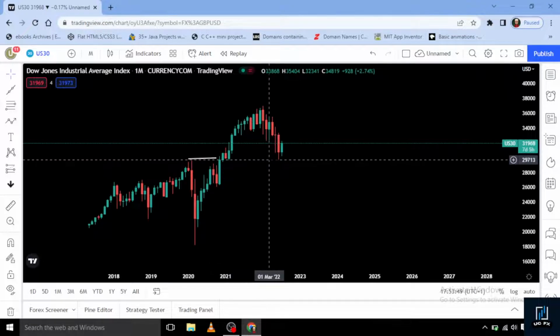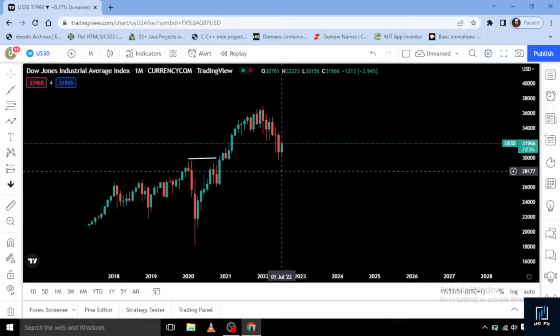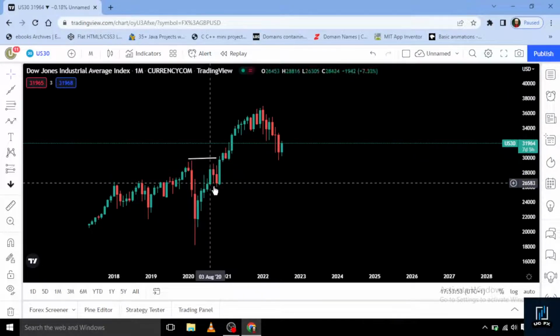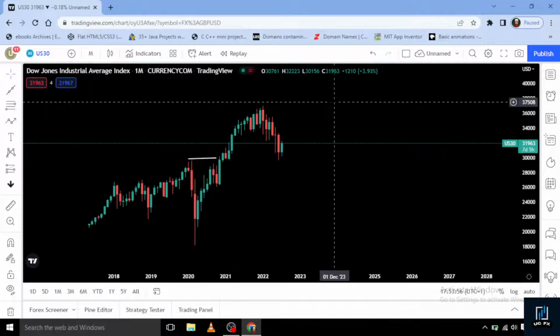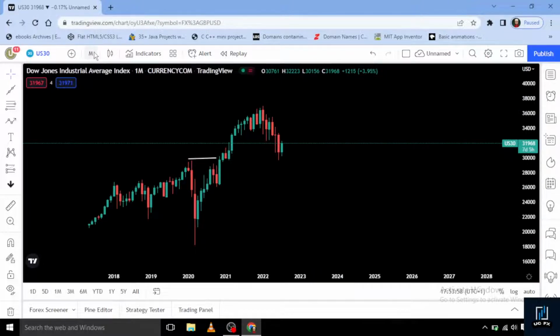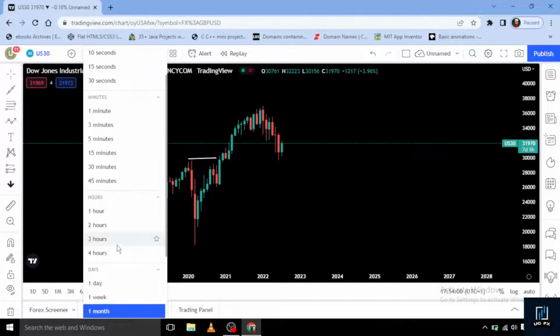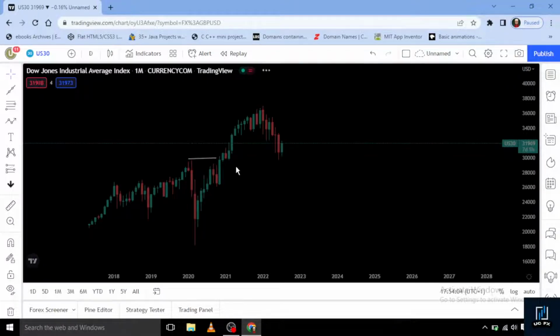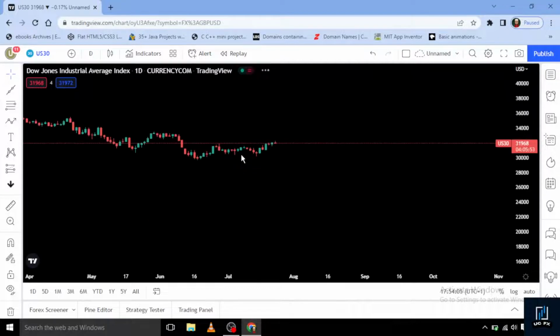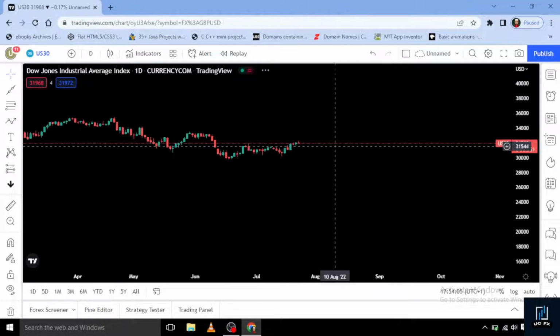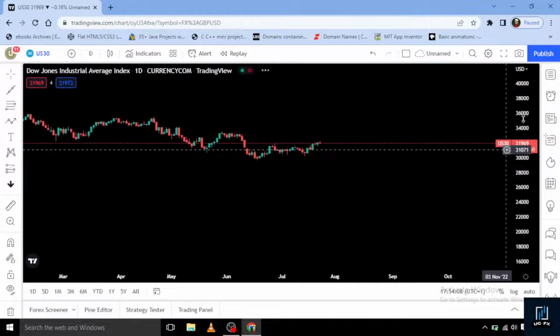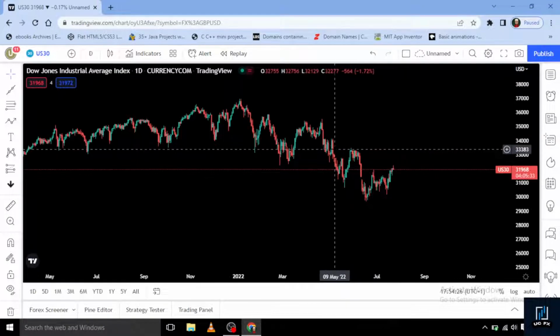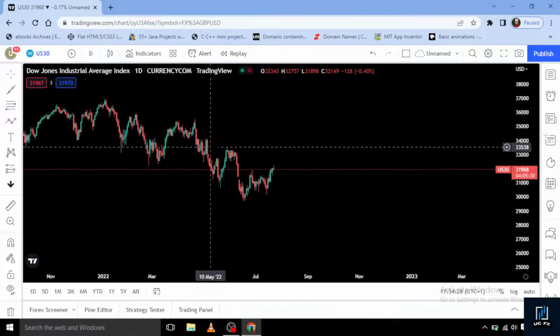So we could possibly anticipate that price will tap into this big order block before moving upwards in the future. So if you go down to the weekly or the daily time frame, we are bearish on the daily time frame.